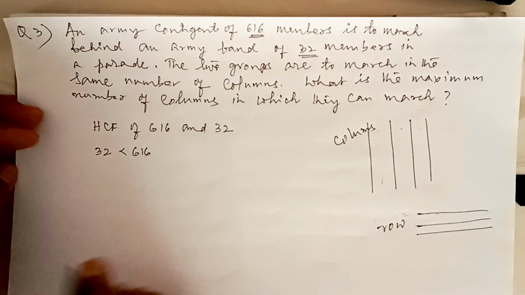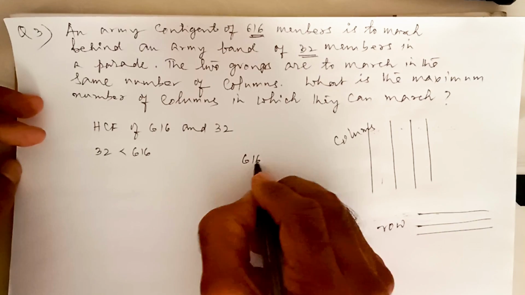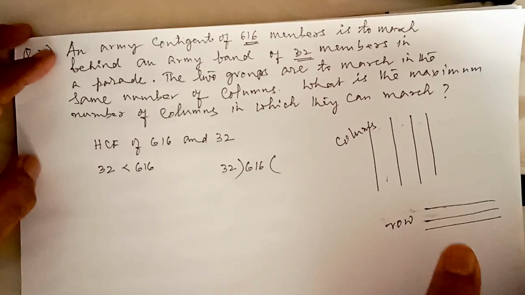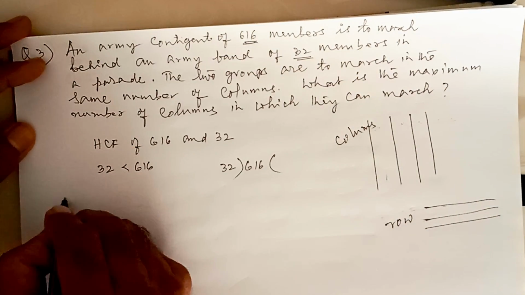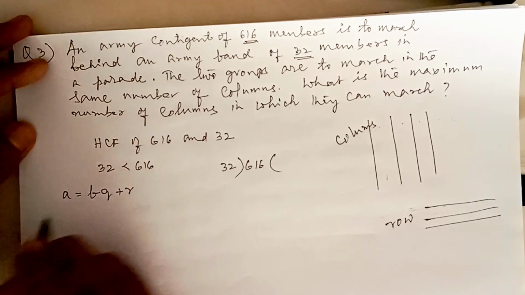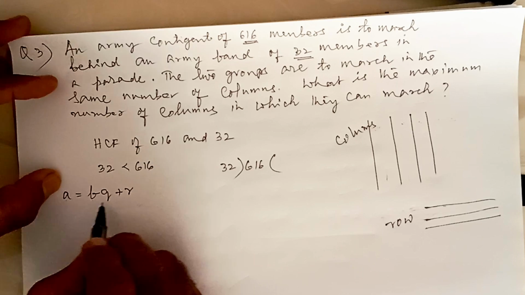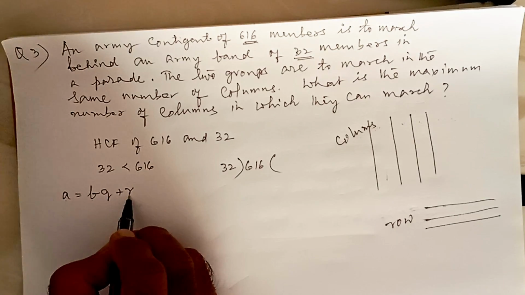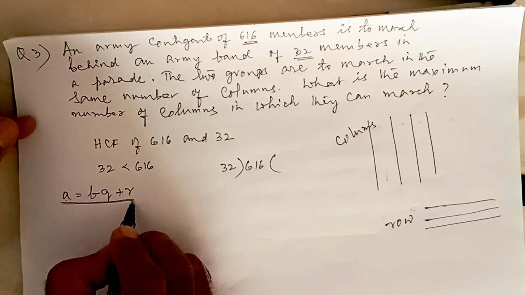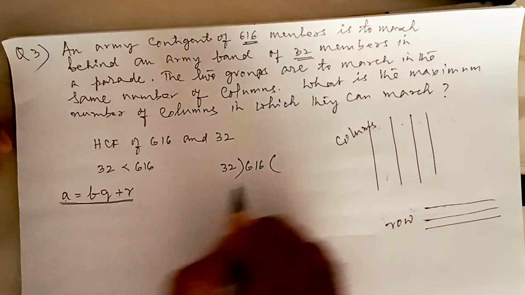Therefore, we are going to divide 616 by 32. Again, applying Euclid's method, you will write down this: A is equal to BQ plus R, where A is the dividend, B is the divisor, Q is the quotient, R is the remainder. This must hold good whenever we talk about Euclid's division algorithm.